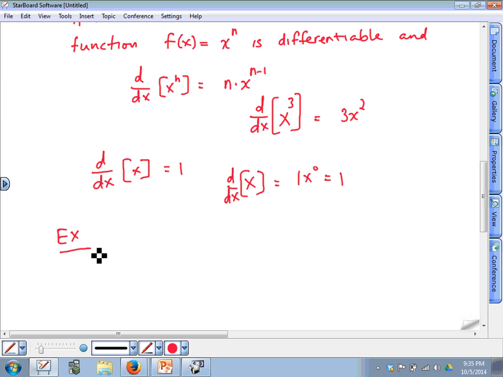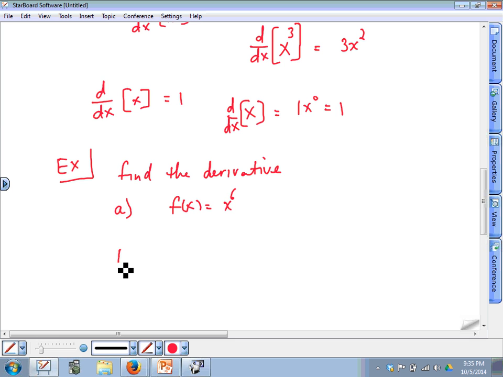So for example 2, a couple here to try. If you're going to find the derivative of f of x equals x to the 6th, for part B, g of x is the cube root of x.